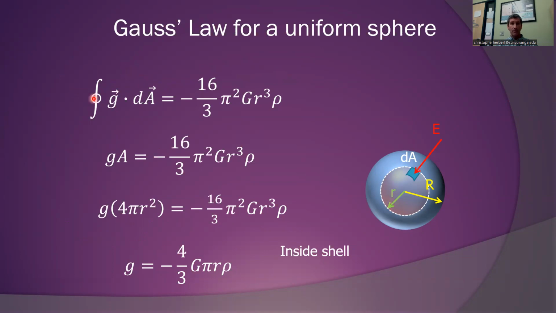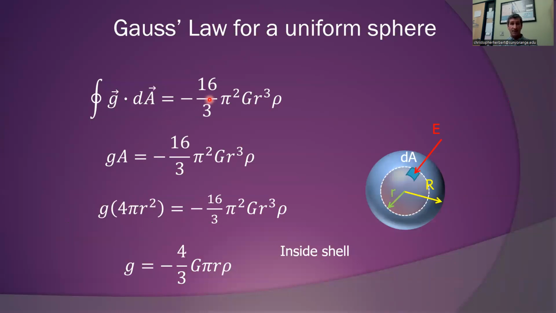So again, we're going to do Gauss's law. On the left-hand side, nothing changes. We have g dot dA over here. And because g is going to be constant all over this smaller sphere, this sphere inside the Earth, we simply get gA, g's constant goes out front, we integrate over A. And again, this area right here is 4 pi r squared. That hasn't changed at all.